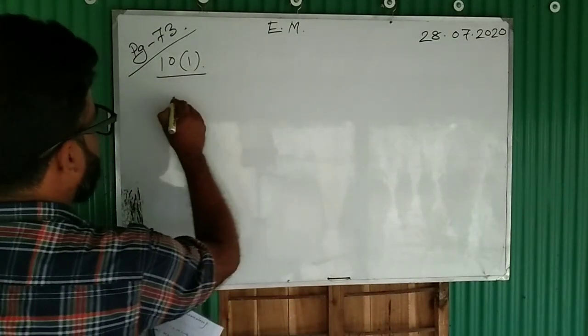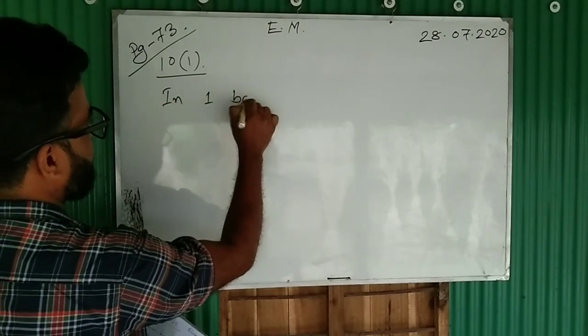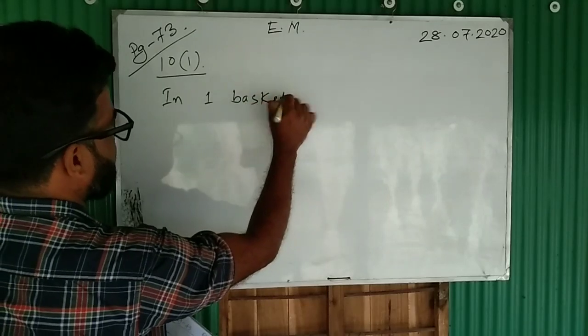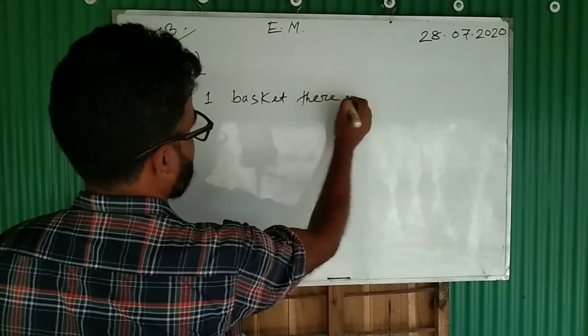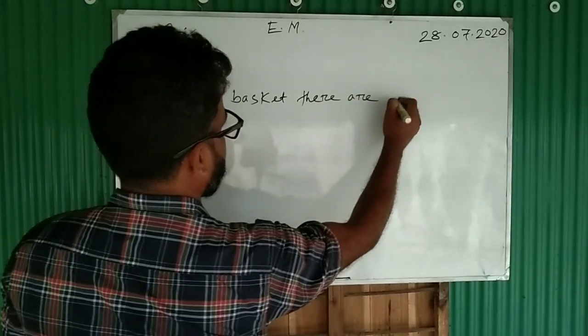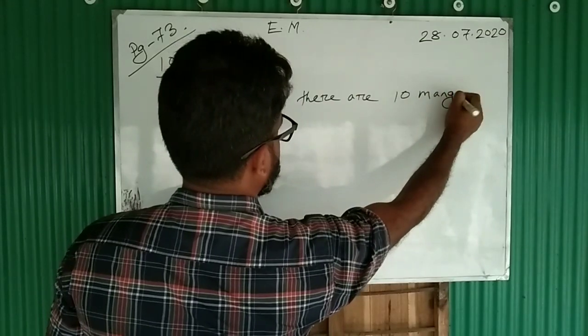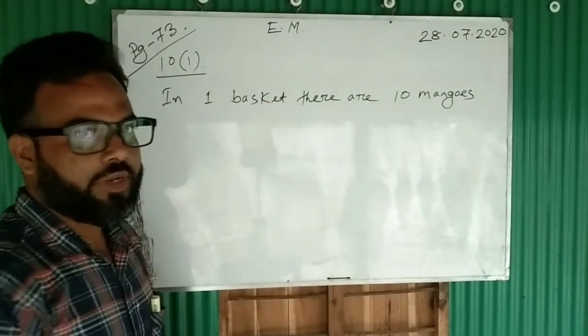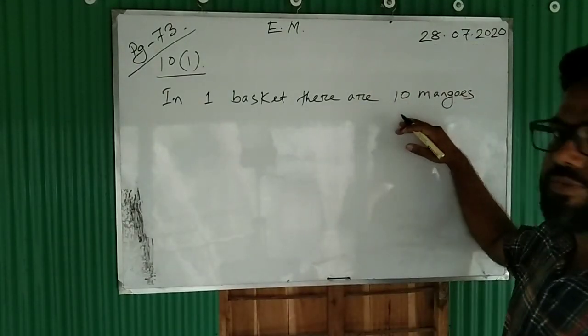In one basket, there are 10 mangoes. Now listen, how many mangoes in a basket? 10 mangoes.